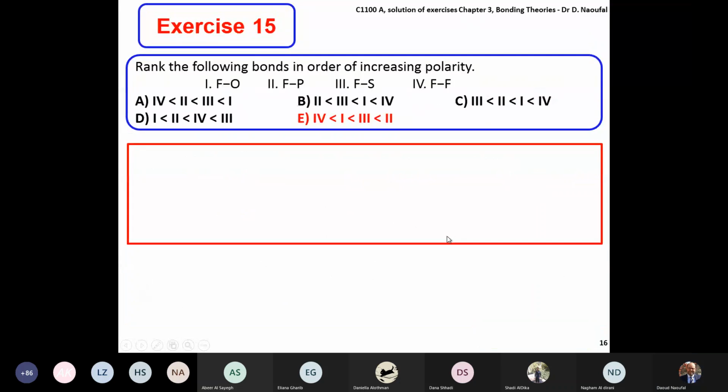Exercise 15. Rank the following bonds in order of increasing polarity: FO, FP, FS, and FF. FF is a covalent bond since we don't have a difference of electronegativity. In the others, we have a difference of electronegativity between F and O, F and P, F and S. The polarity of the bond increases when the difference of electronegativity between the atoms increases.